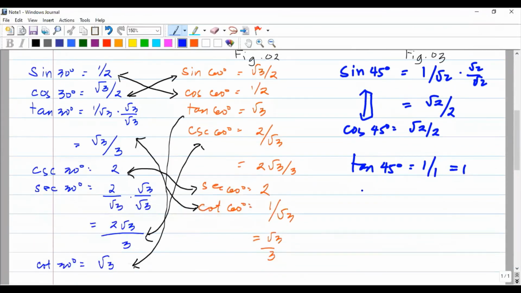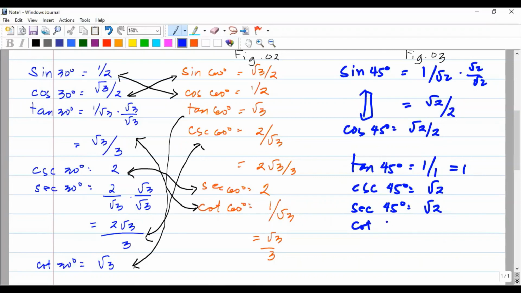And our cosecant function of 45 degrees is equal to the inverse function of sine 45, which is square root of 2 over 1 or square root of 2. And secant 45 degrees is equal to the inverse function of cosine 45, which is the same as sine 45, square root of 2.